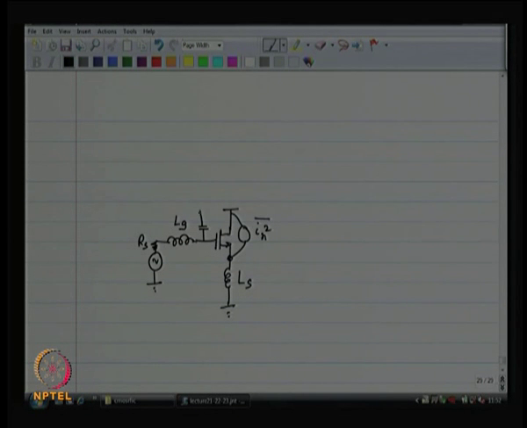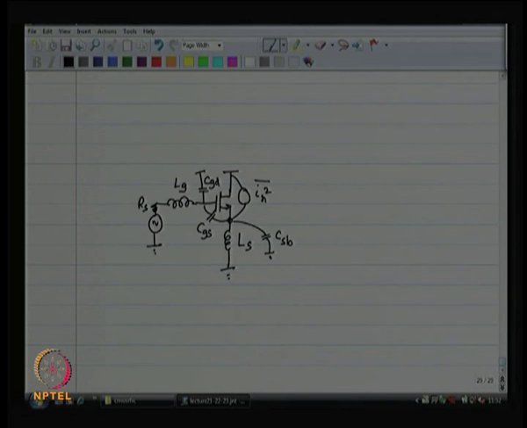There is CGD, there is CGS, there is C source to bulk. C drain to bulk is irrelevant because both the drain and the body are at ground, as long as you have got a good ground.